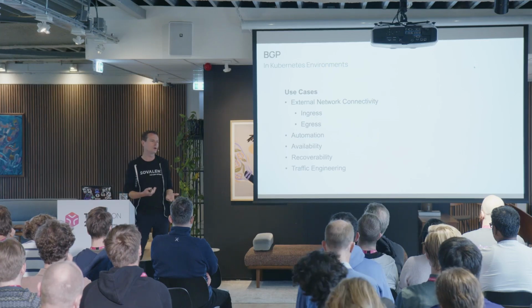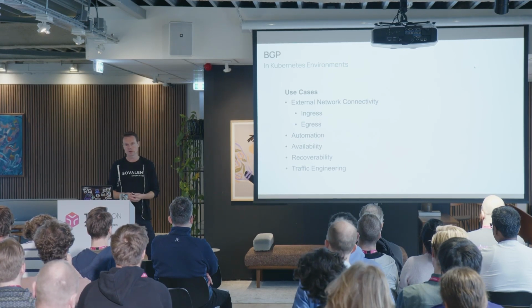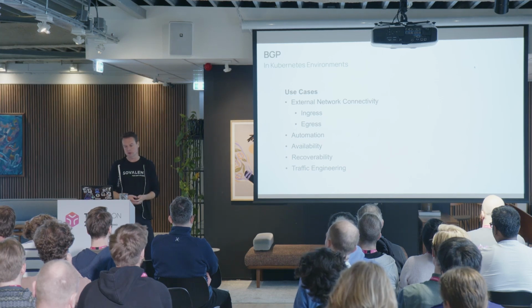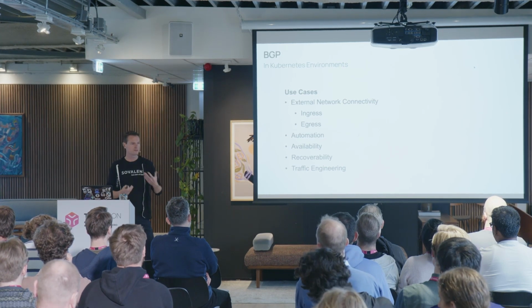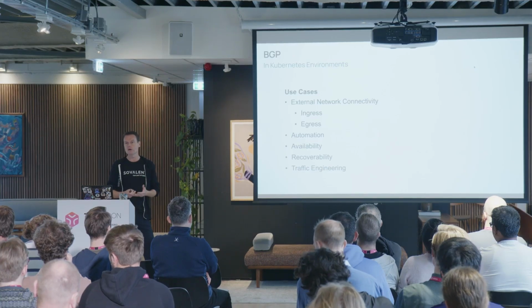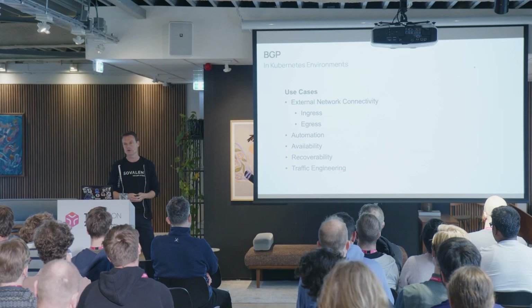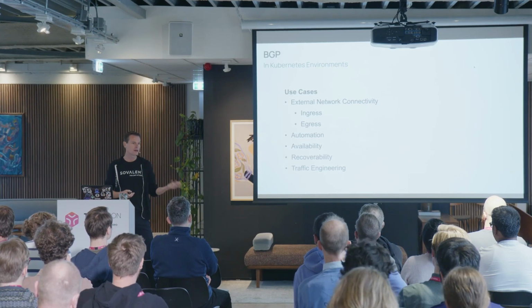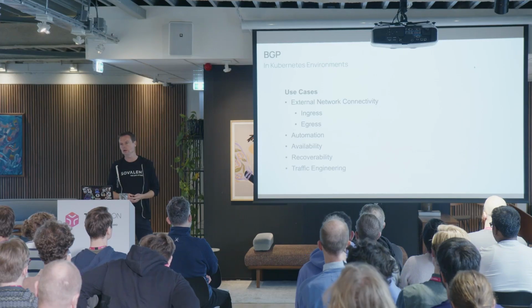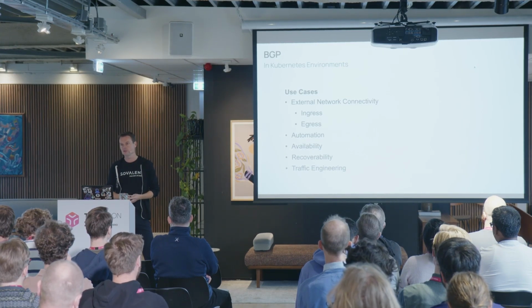You typically need to talk to network engineers or other teams to get that working, and you need to adhere to company requirements. Automation at scale becomes important. You want to define rules so that you can automatically add services or applications and the network gets programmed automatically. Availability: if you run highly available, mission critical workloads, if a node fails, you want to make sure your connectivity is still up.